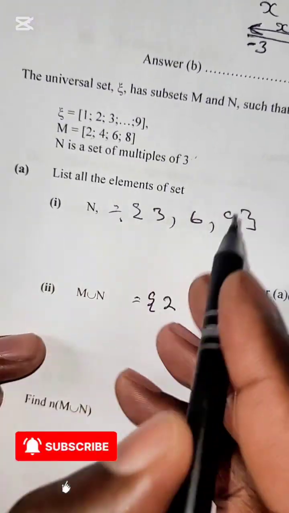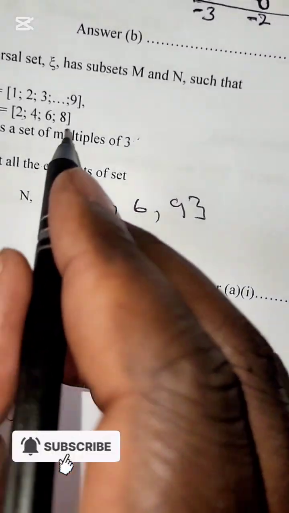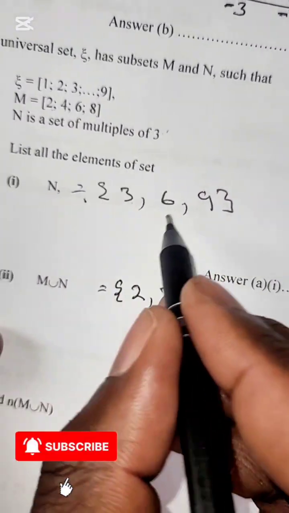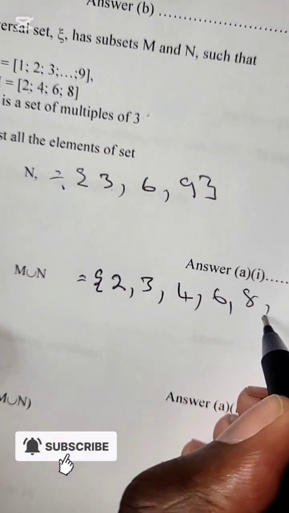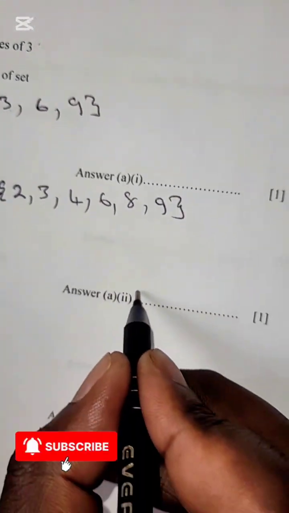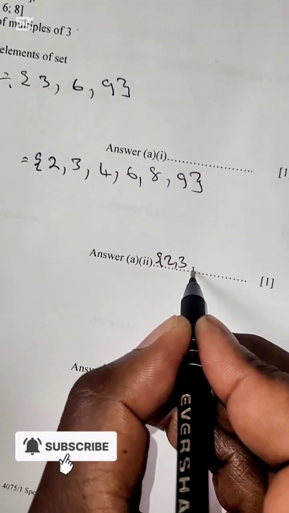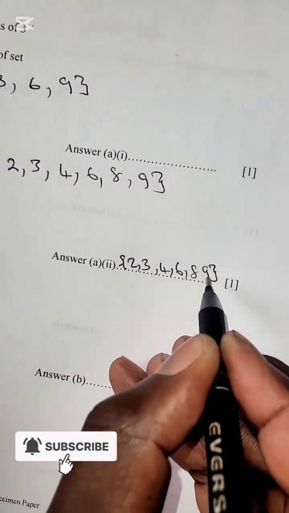The least number is 2, followed by 3, then 4 in m, then we have 6, followed by 8, and then 9 in set n. So the answer will be 2, 3, 4, 6, 8 and 9.